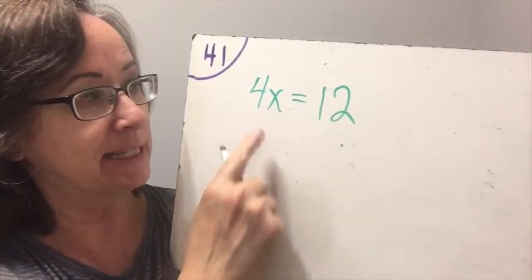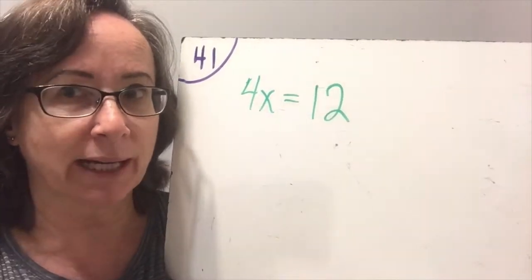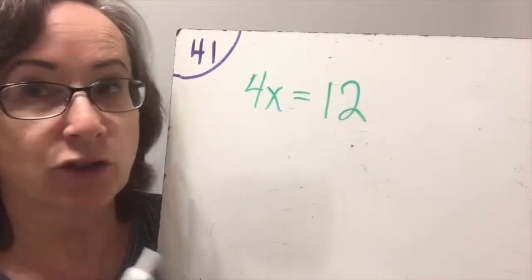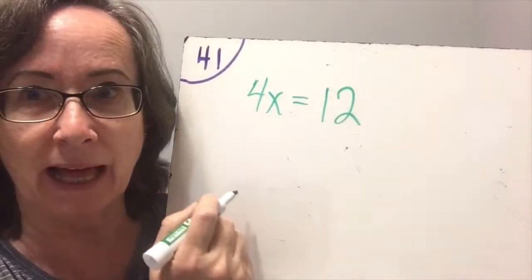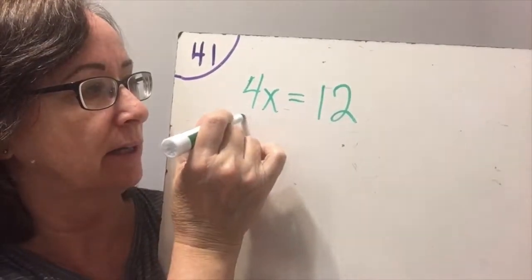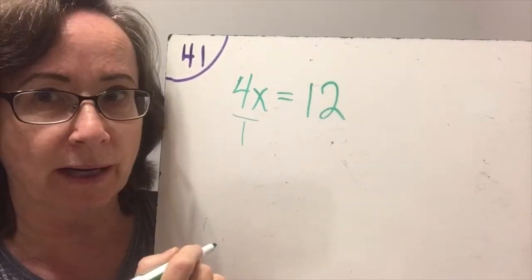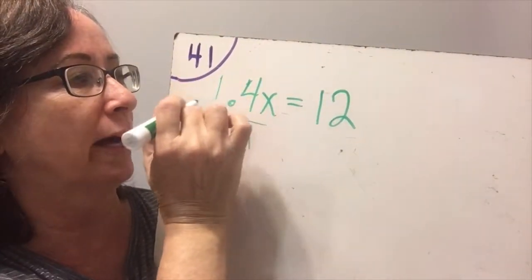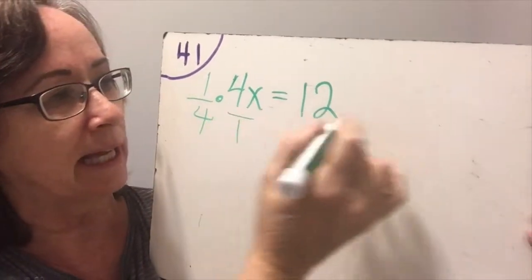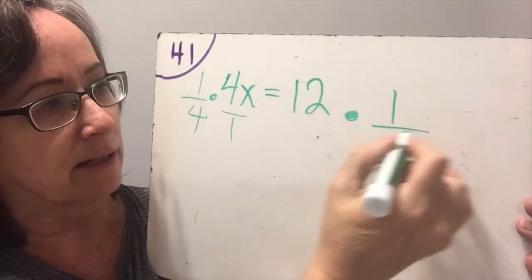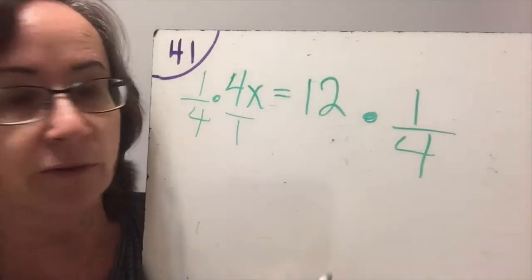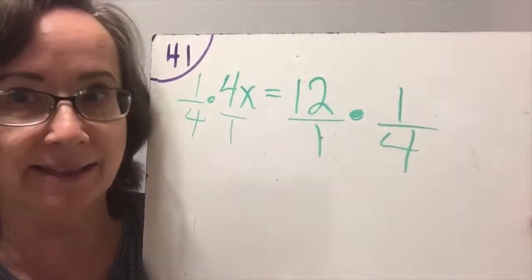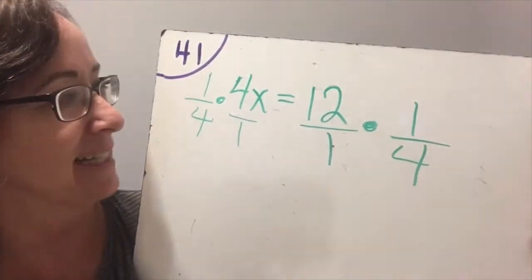Okay, our first problem, we're going to use the multiplication property of equality. Notice that we have 4x, but we really want to get x by itself. So we can multiply by its reciprocal. Remember, 4 is 4/1, so we can multiply by 1/4 as long as we multiply the other side also by 1/4. And this 12 is also 12/1, isn't it?